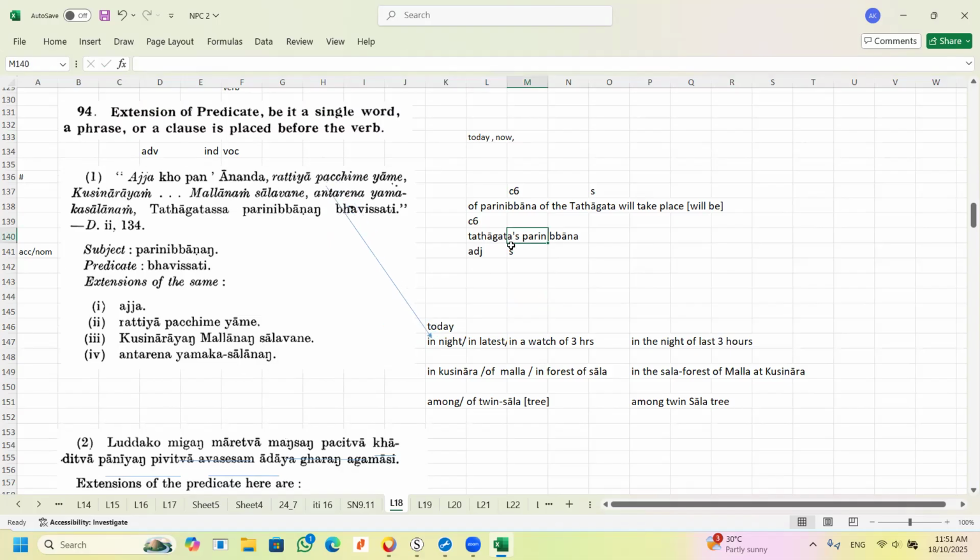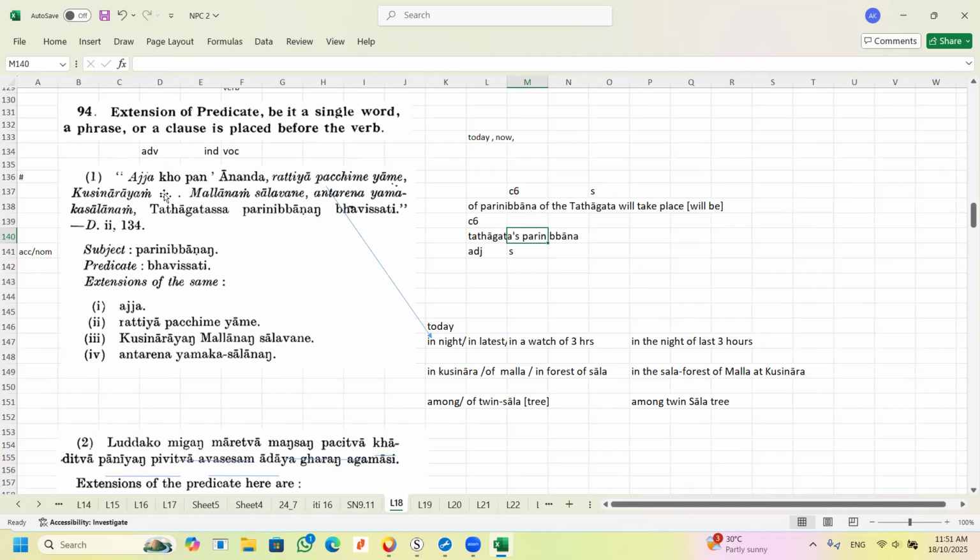Because it's the last watch, this means in the night of the last watch. You cannot translate it as in the night of the last watch in the wrong order. You see? It totally changes.